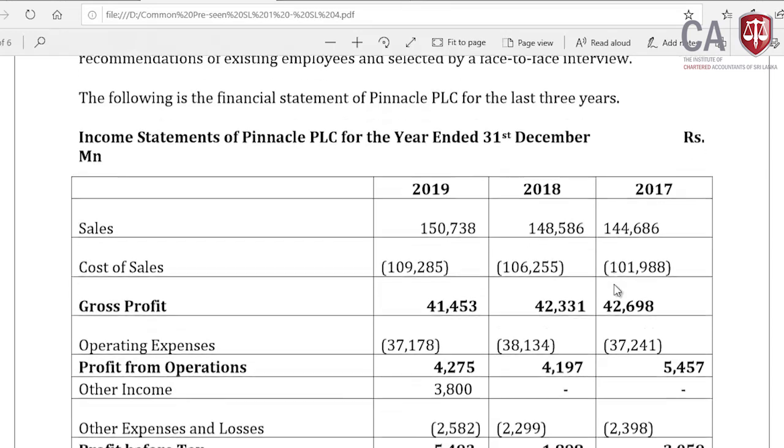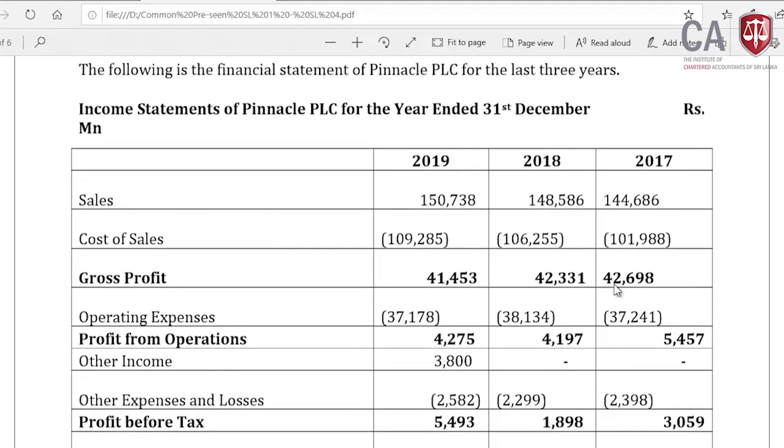So, what about the gross profits? If you look at the gross profit from 2017 to 2019, has it increased or decreased? It has decreased.